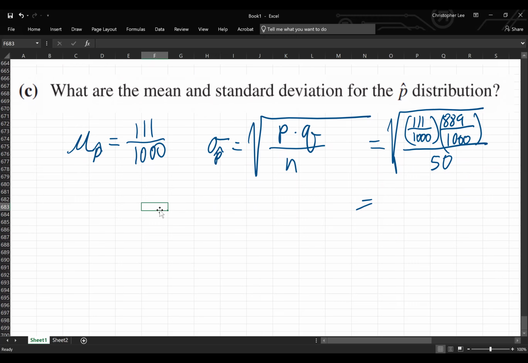And then real quick, let me get this answer. I don't even know how to type this in. 111 divided by 1000 times 889 divided by 1000.